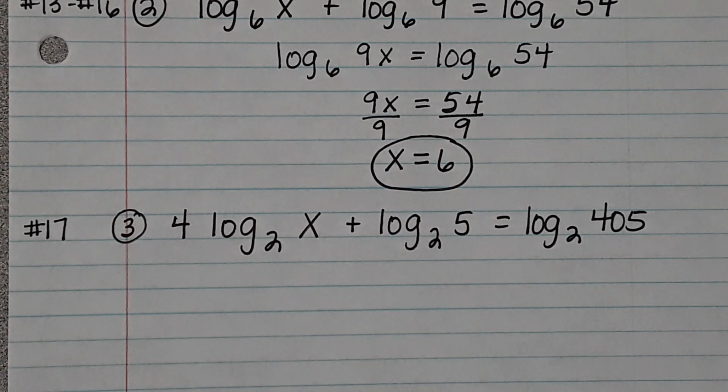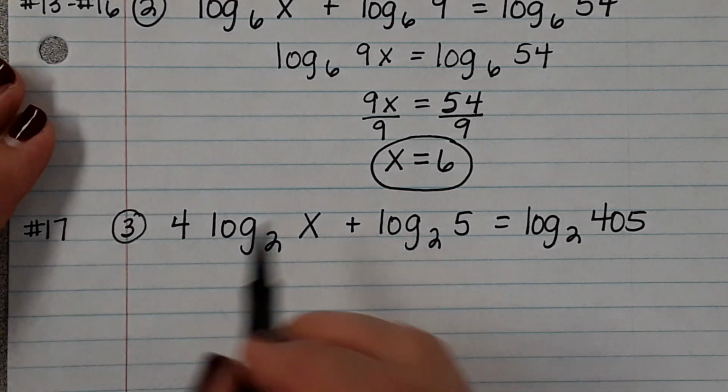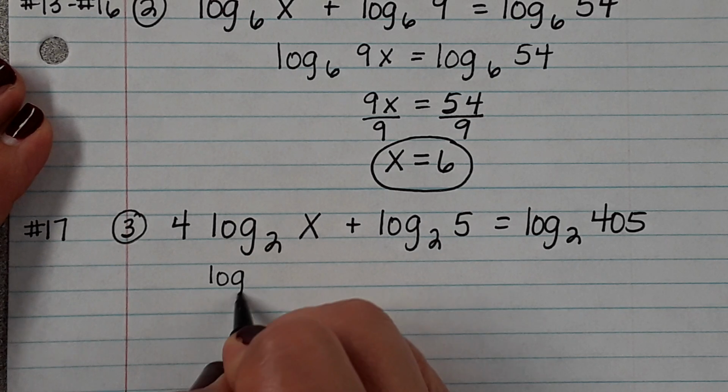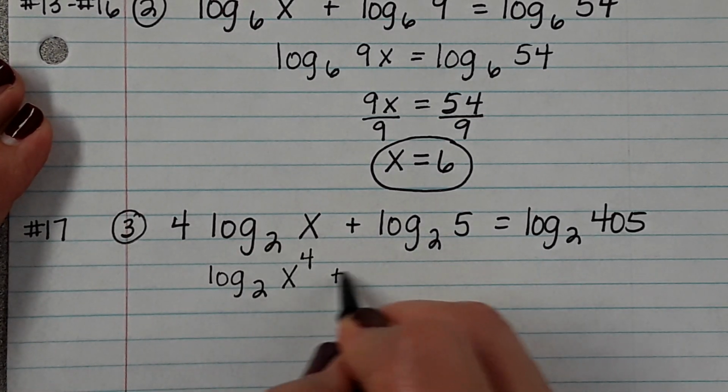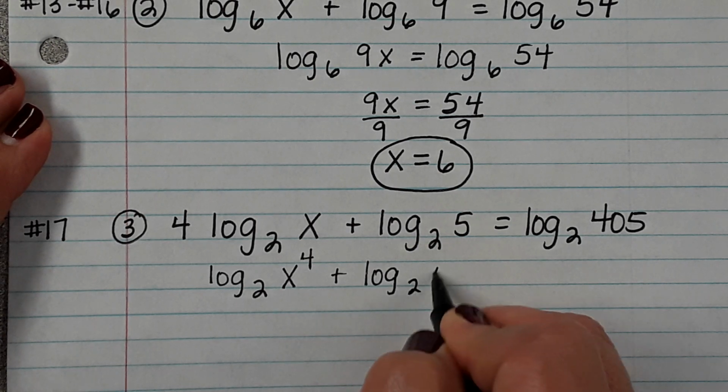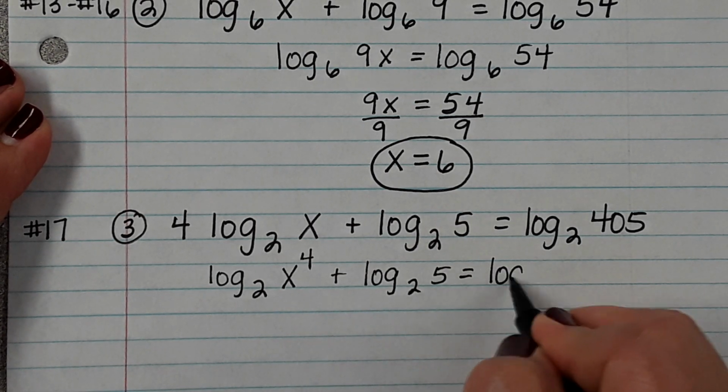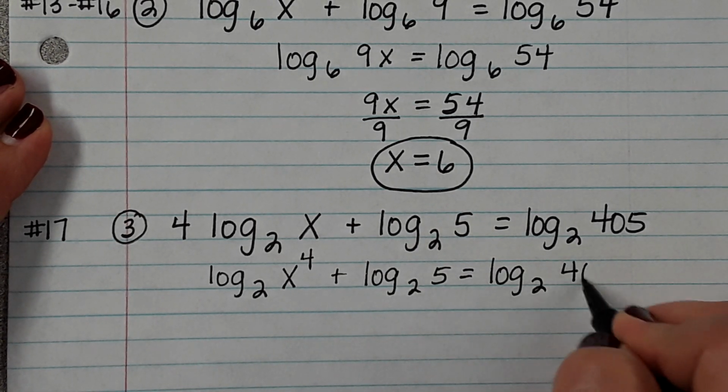So you guys, in your notes, I want you to write everything out, because that way, when you're going to do your homework, you can actually see how I did everything. So we're going to rewrite it as log base 2 of x to the 4th plus log base 2 of 5 equals log base 2 of 405.